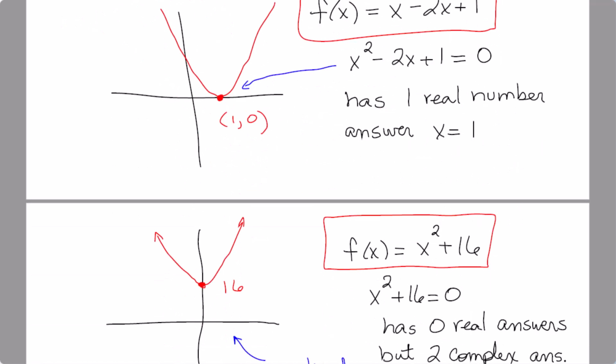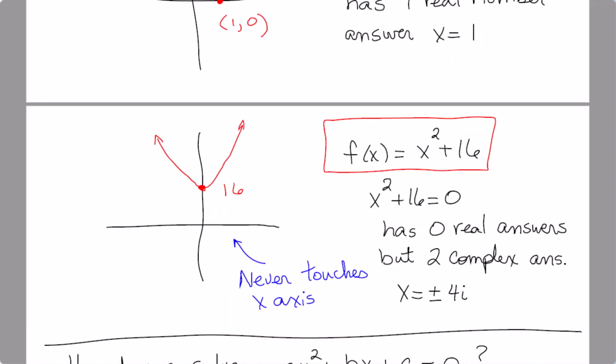And finally, it could happen, for example, here, f of x is x squared plus 16. The U-shaped parabola never gets lower than 16. It never gets down here to touch or cross the x-axis. So when I go to solve the corresponding quadratic equation, I'm not going to find any real number answers.